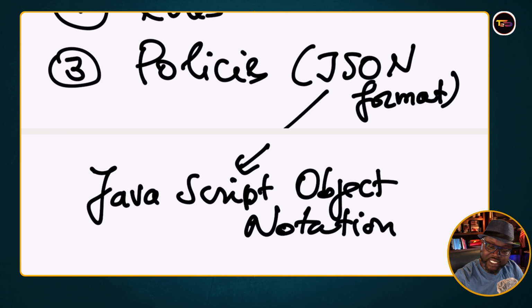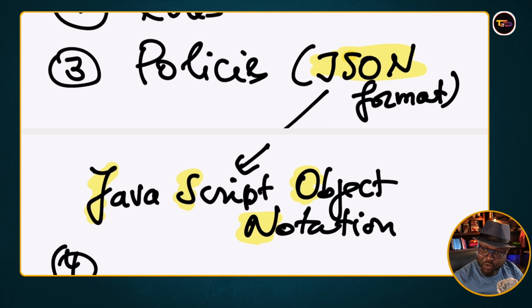So you have J, S, O, N, JSON. And these policies define, as I said, who should have access to what on AWS. Just as a summary, that's pretty much what you need to know about that.